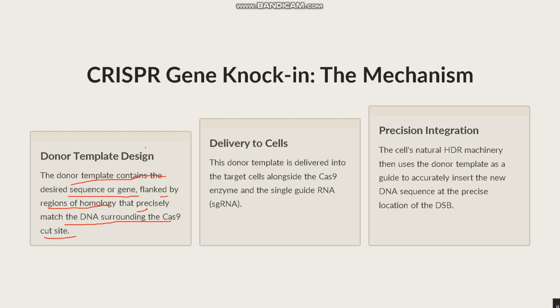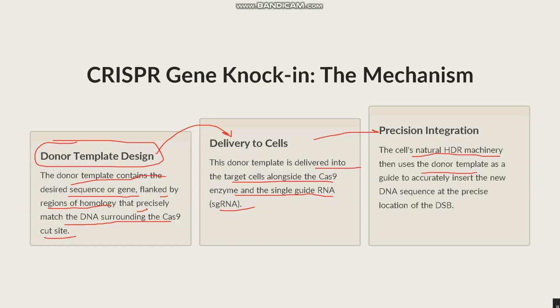When we have designed the donor template, we deliver it to the cells. The donor template is delivered into the target cell alongside the Cas9 enzyme and single guide RNA. After that, the cell's natural homologous directed repair machinery uses the donor template as a guide to accurately insert the new DNA sequence at the precise location of the double-stranded break.